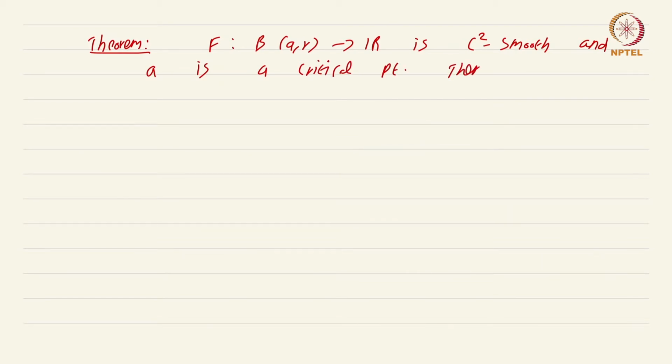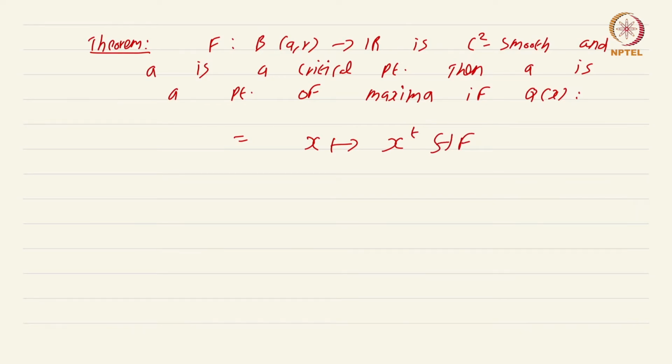Then A is a point of maxima if this quadratic form Q of x, which is just by definition equal to x mapping to x transpose Hessian of f at a x, is negative definite.